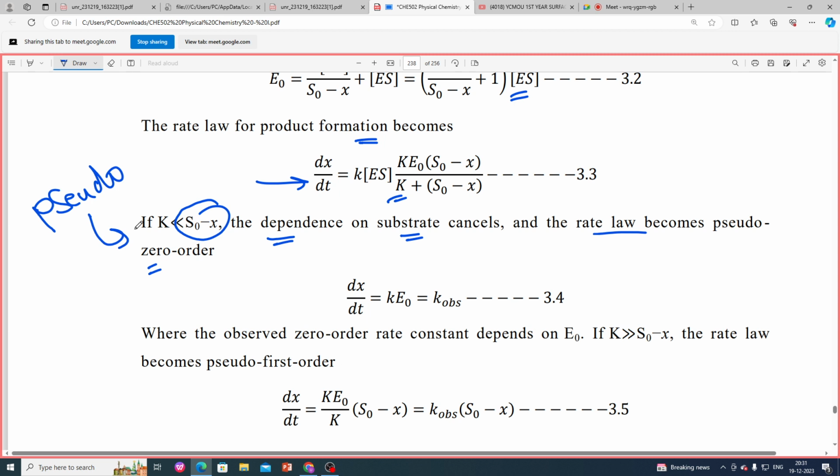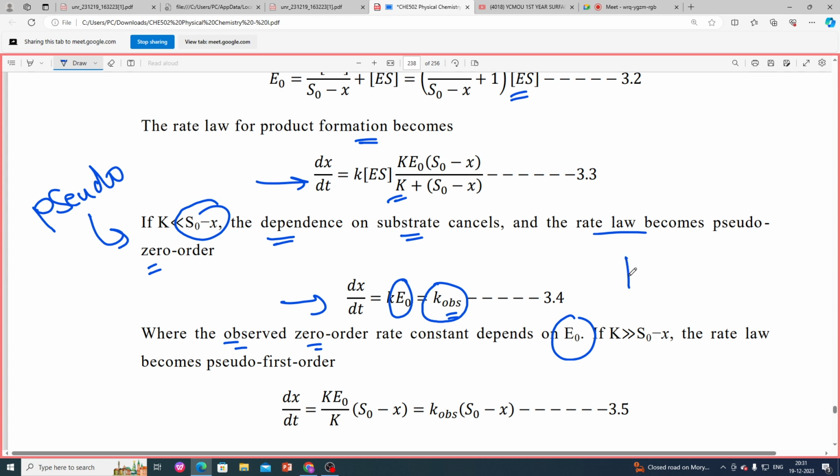So here you can write dx by dt is equal to ke0, which is equal to k observed. Here k observed, the zero order rate constant, depends on the e0.